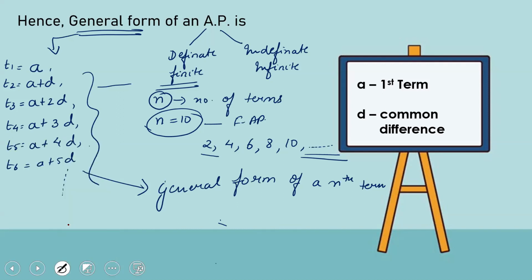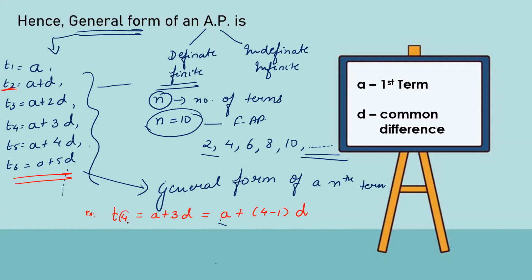So the general form of an AP, if you see over here, the number which is associated with D is 1 less than the number of the term. For example, if I say T4, what is T4? A plus 3D. So which is equal to A plus, what is 3? 3 can be said as 4 minus 1 into D.